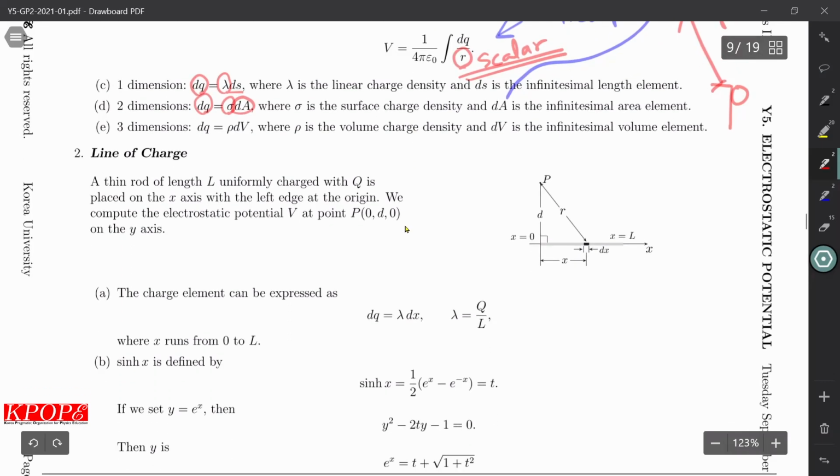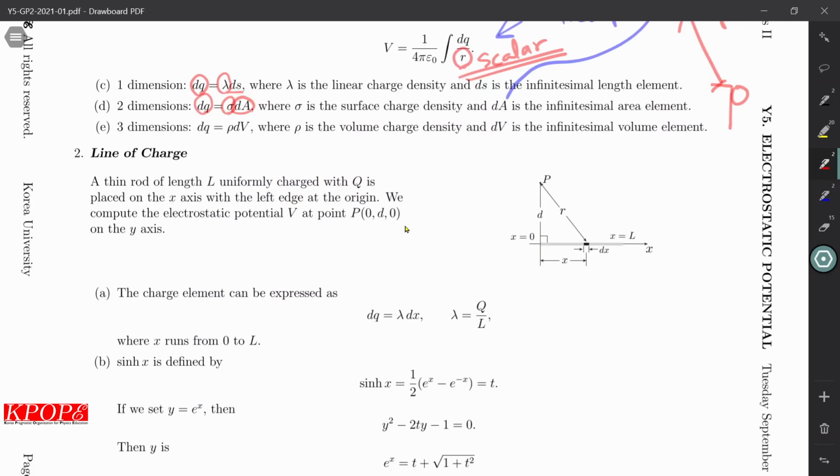If the charge is distributed over space, then the differential charge dq is expressed as the product of the volume charge density rho multiplied by the differential volume dv.